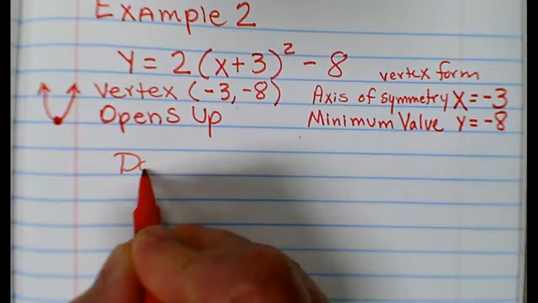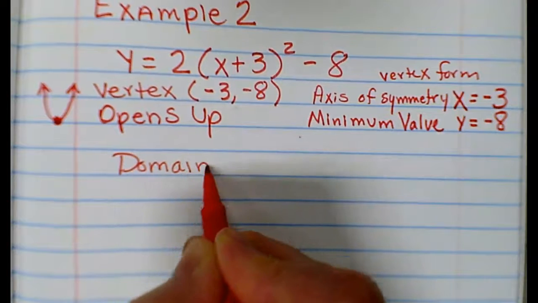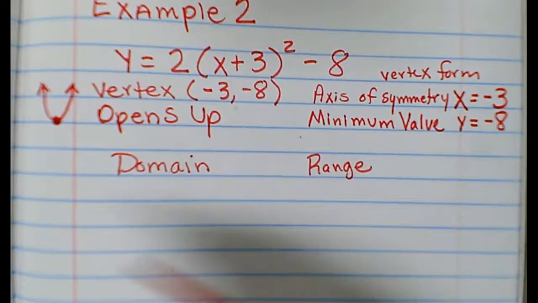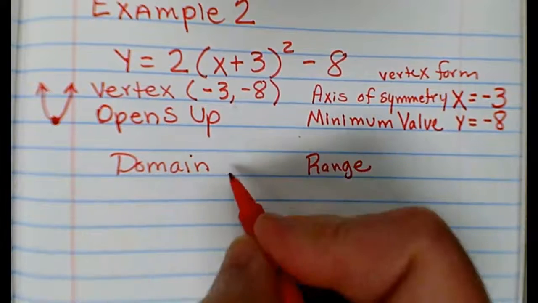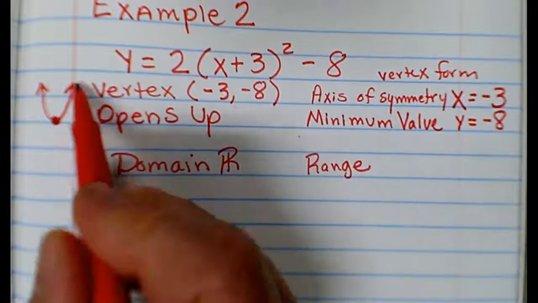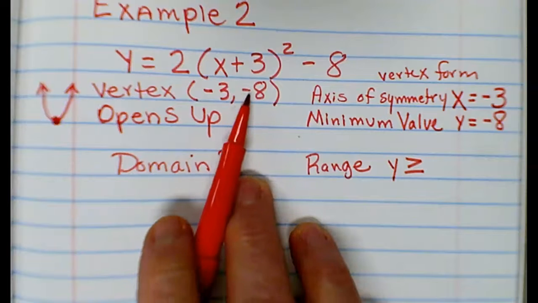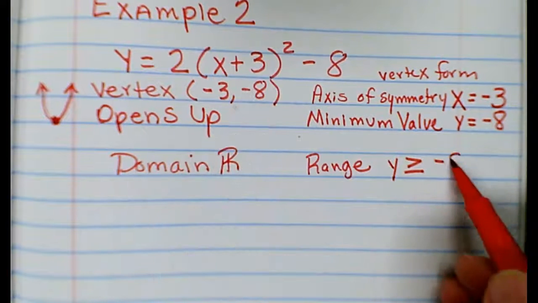What is the domain and range of this graph? All real numbers, it's going up, so y is greater than or equal to -8.